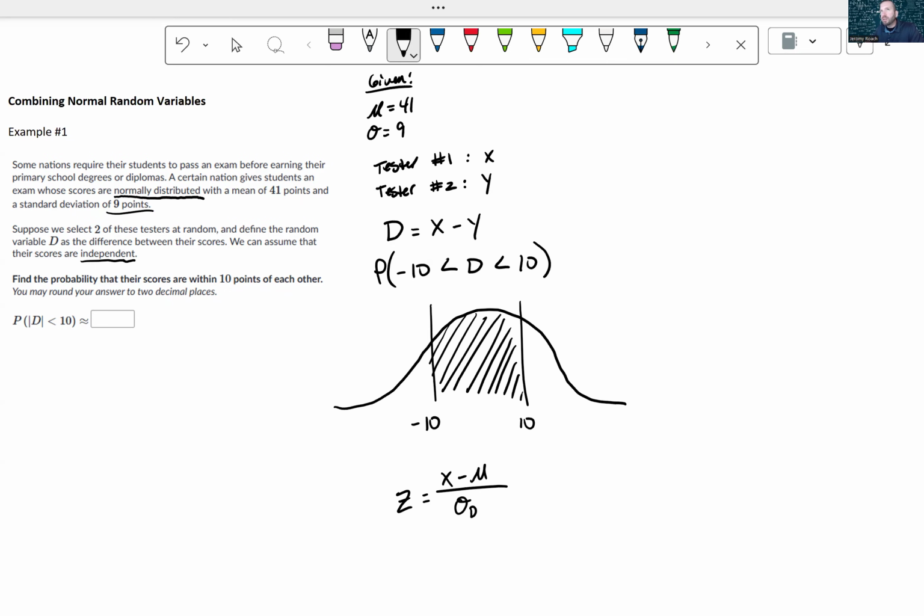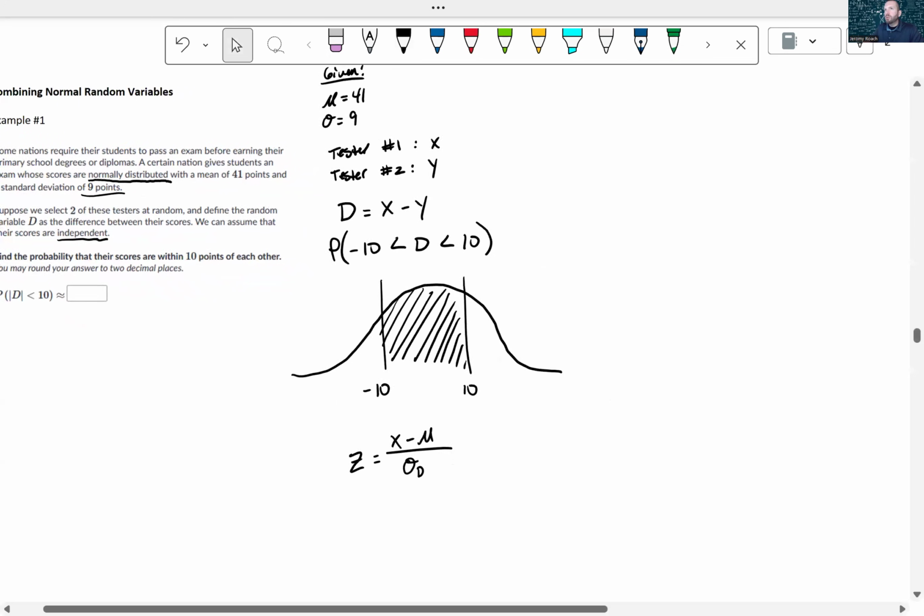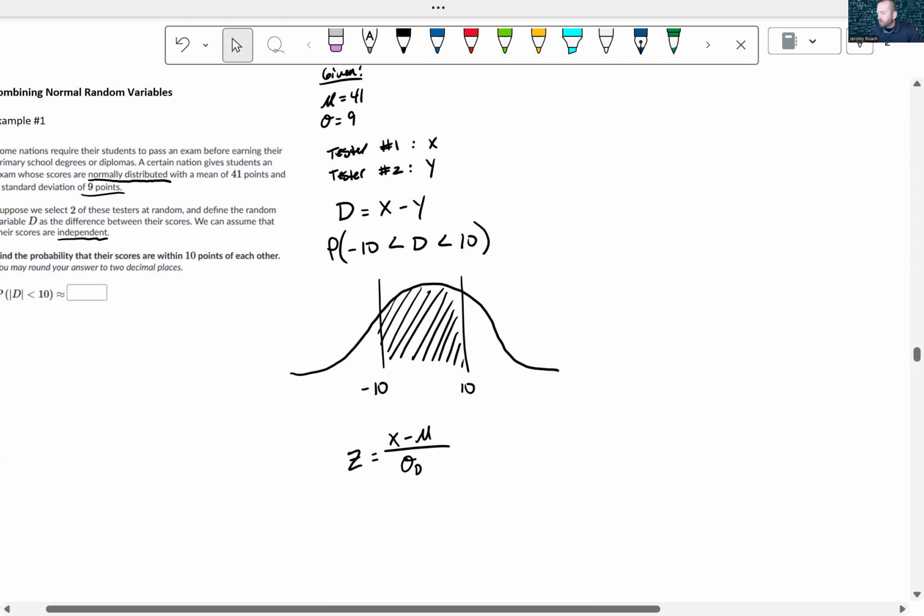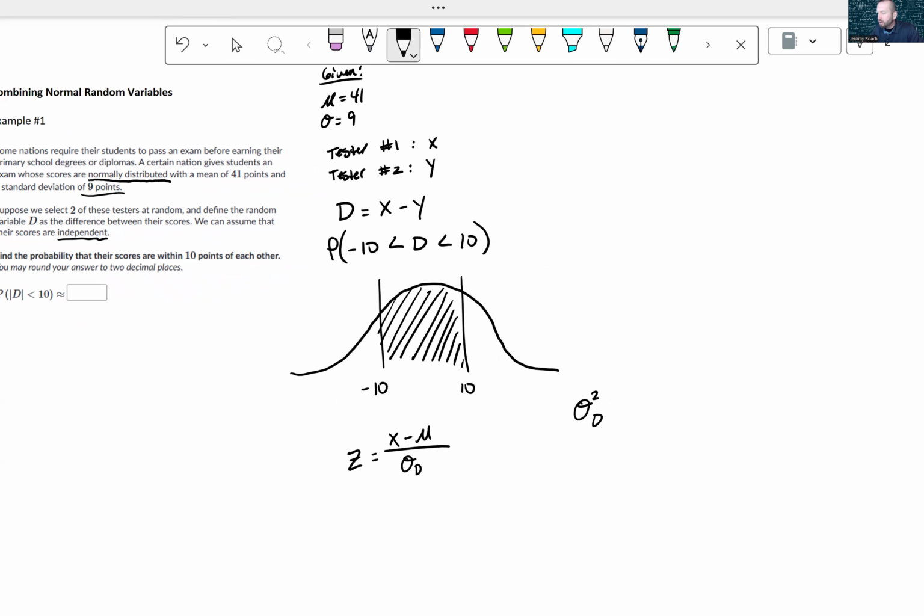To find the standard deviation of D, we're going to do what we did in part 1 of this video. We're going to use the variance. So we're going to say that the variance of D is equal to the variance of X plus the variance of Y.